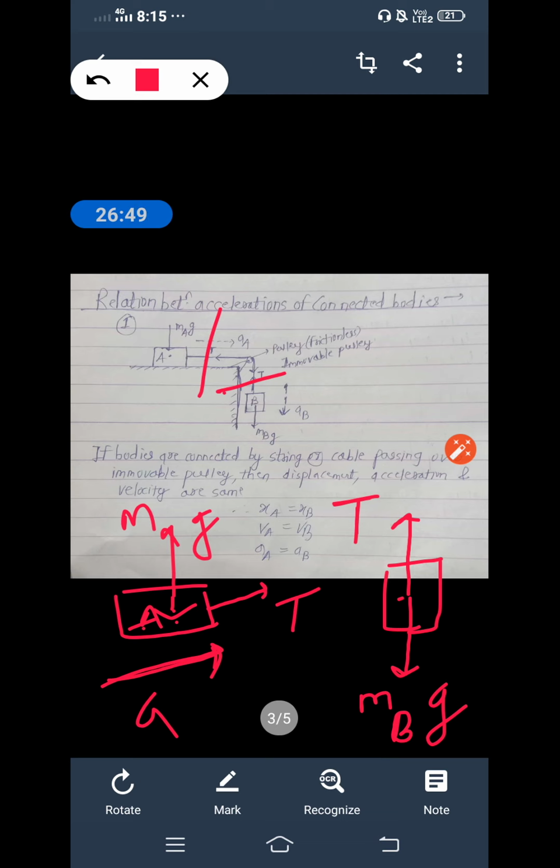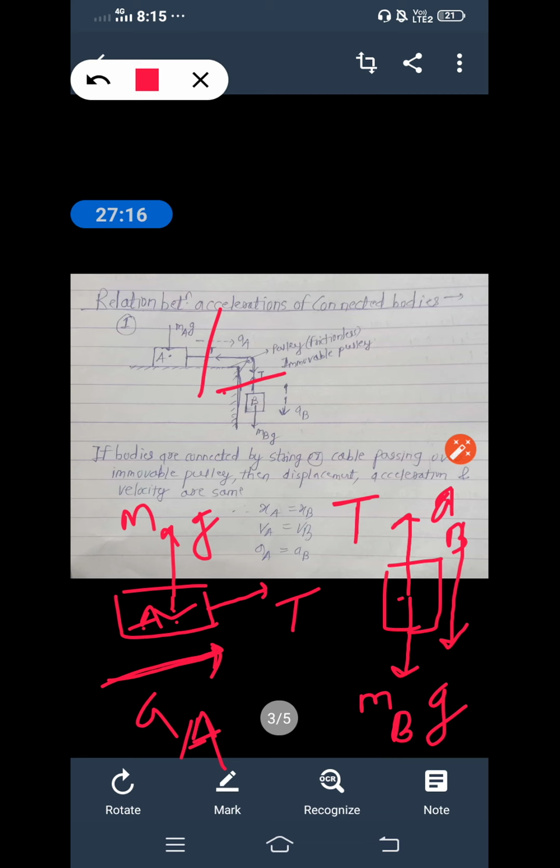And tell me, student, what is the direction of the motion of block B? This is vertically downwards, and here we have the acceleration of block B. So this is AB and this is AA, the acceleration of block A, and AB is the acceleration of block B.